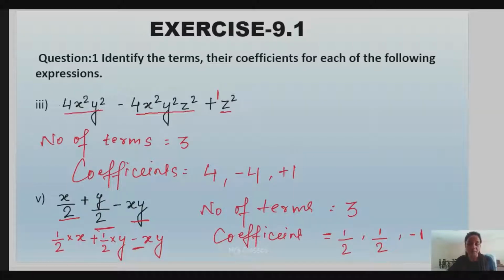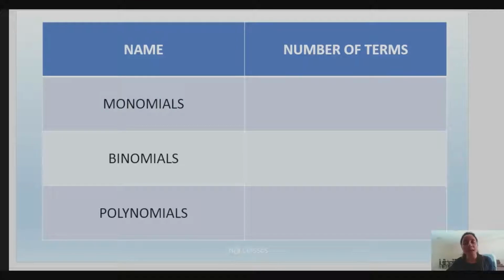Got it? And now we will discuss the types of algebraic expressions. If an algebraic expression contains only one term, it has a specific name called monomial. If it has only one term, like 2x only, this is called a monomial.